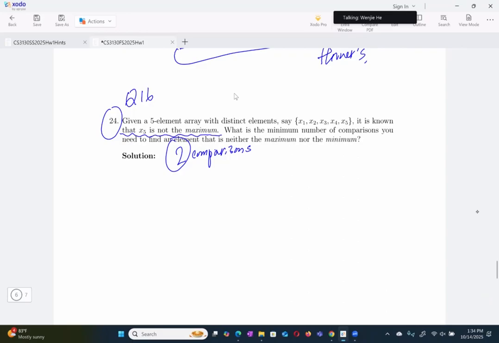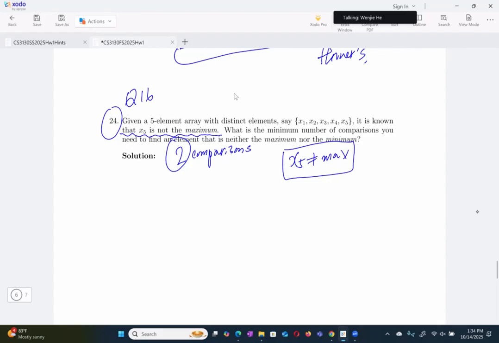The only difference. If we remove this condition, then these 2 questions are the same.